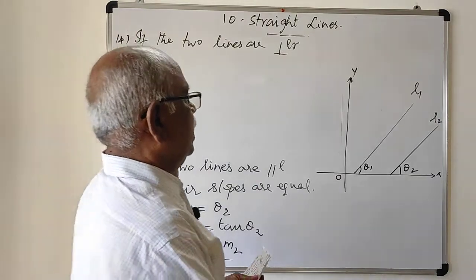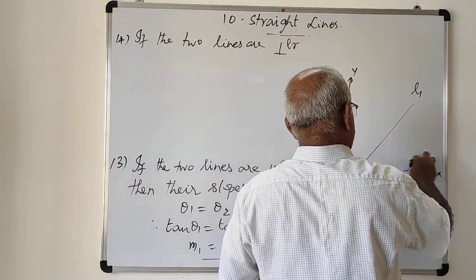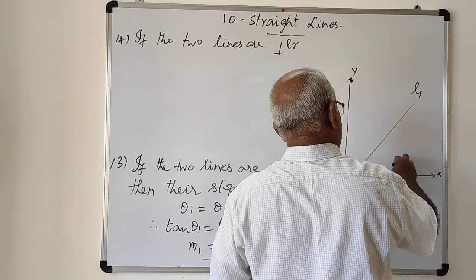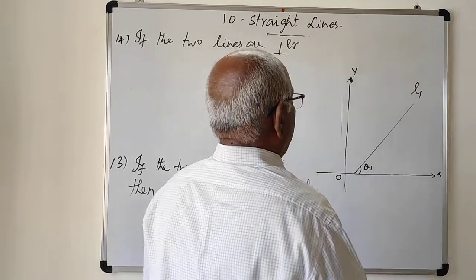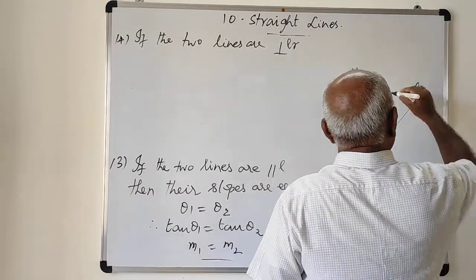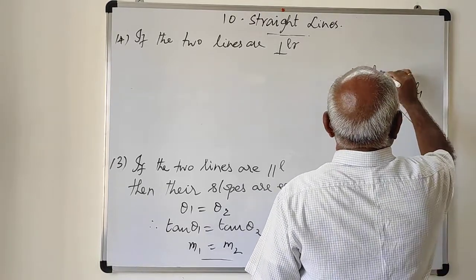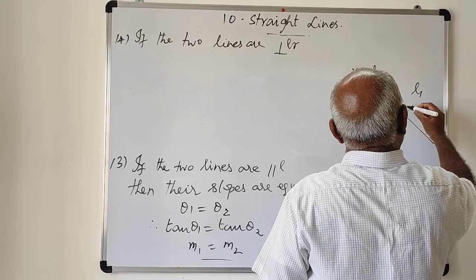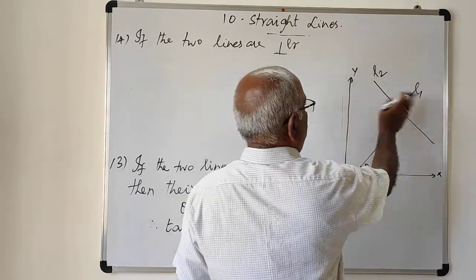In this case L1 and L2 are perpendicular. L1 makes an angle theta 1 in the positive direction of the x-axis, and L2 makes an angle of 90 degrees with the line L1. So L1 and L2 are perpendicular.